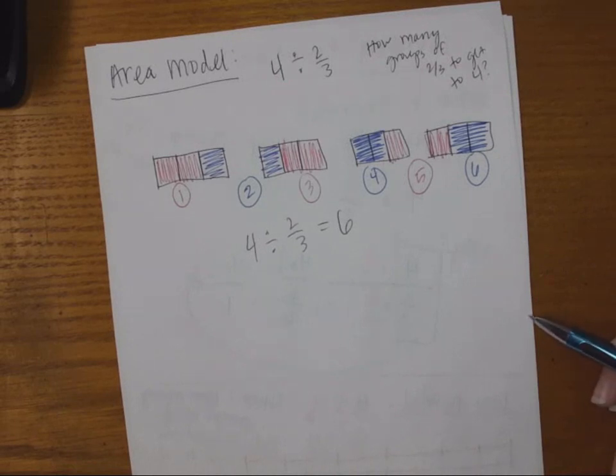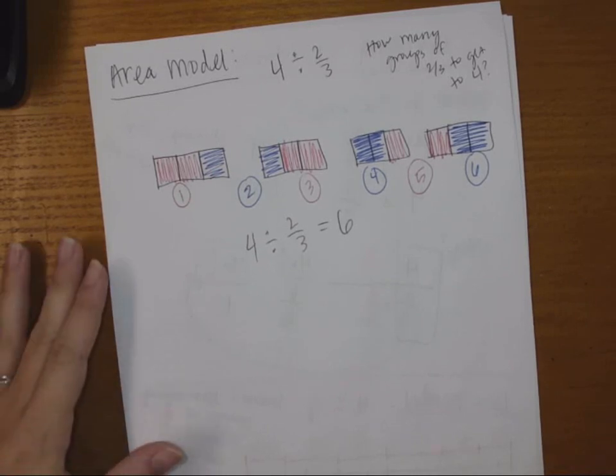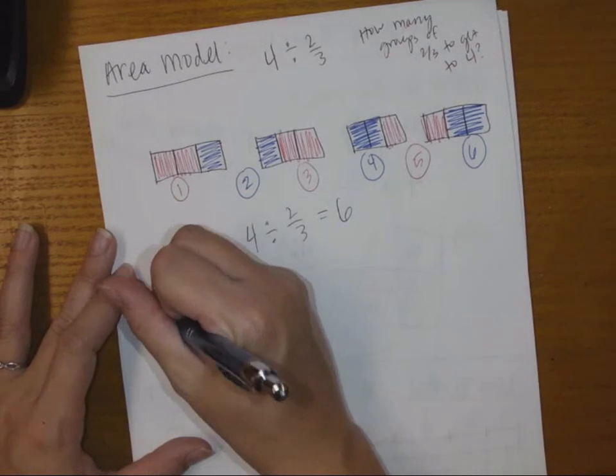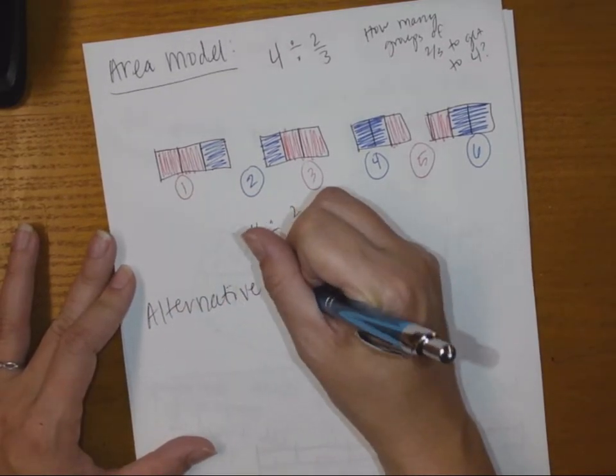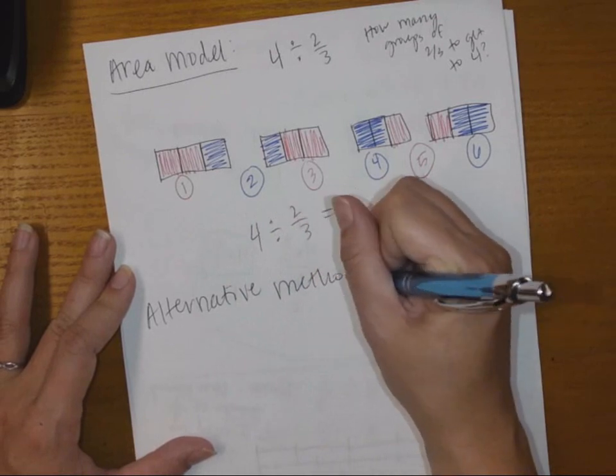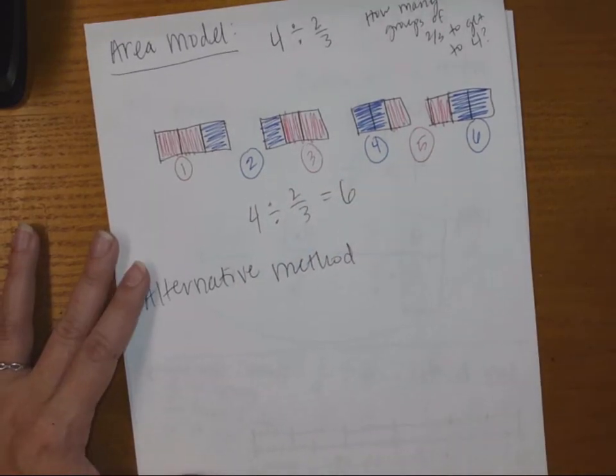Okay. So now, there are actually other methods of dividing fractions other than just doing keep, change, flip. So I want to show you one of the alternative methods. Depending on what curriculum you're using, you may be doing this.